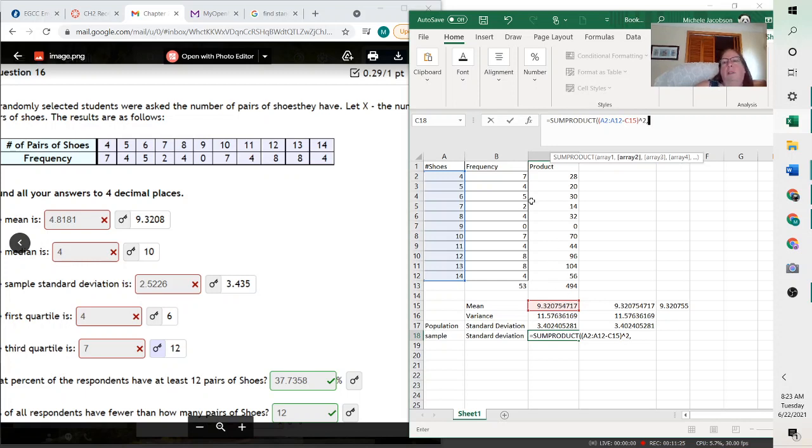And then we want to multiply them times their frequency and close that. So just like we did before, except when we divide, we want the 53, which was our sum, minus 1, or 52.